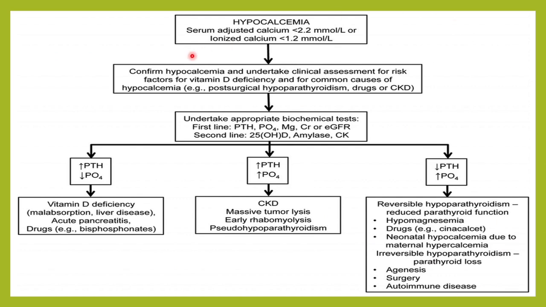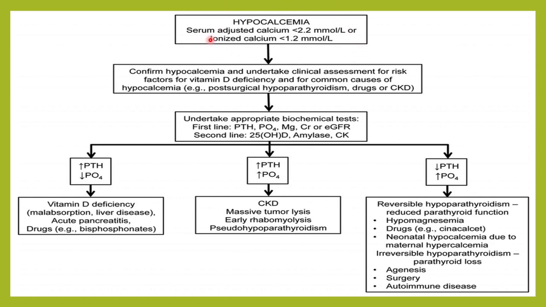So whenever there is hypocalcemia, we will have to do the adjustment. We will have to get the serum adjusted calcium. And suppose when we do the serum adjusted calcium, that comes below 2.2 millimoles, or you did an ionized calcium and that comes below 1.2 millimoles, then it is called hypocalcemia.